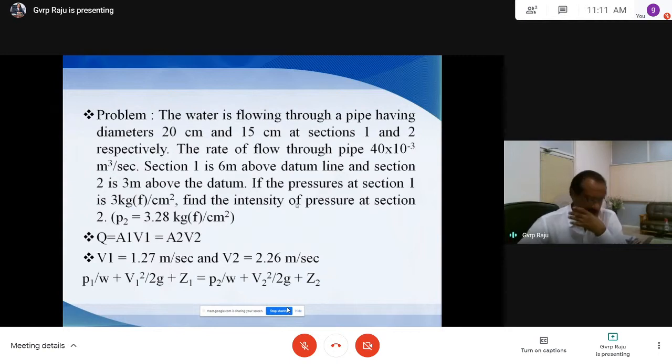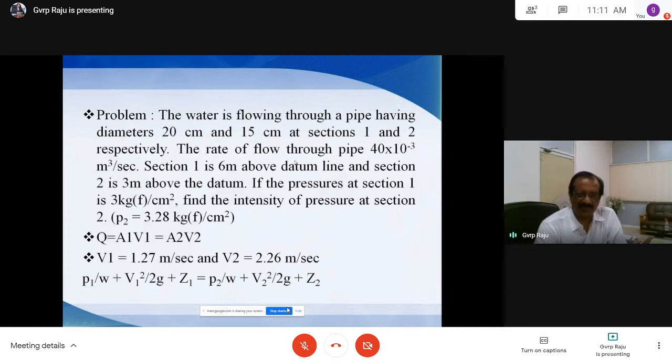The rate of flow through the pipe, the discharge, is 14 into 10 power minus 3 meter cube per second.